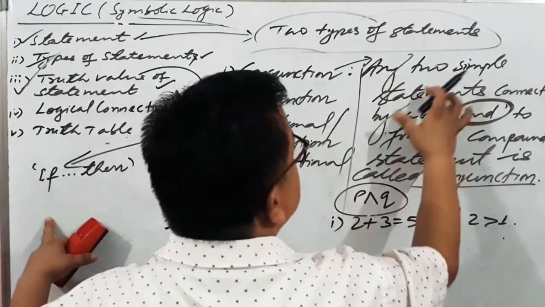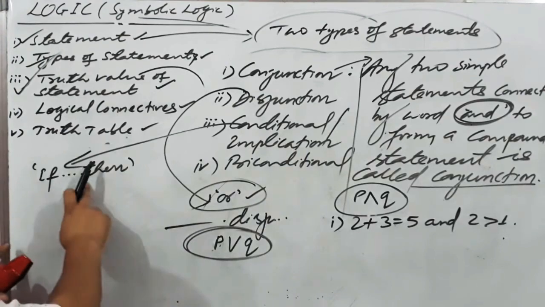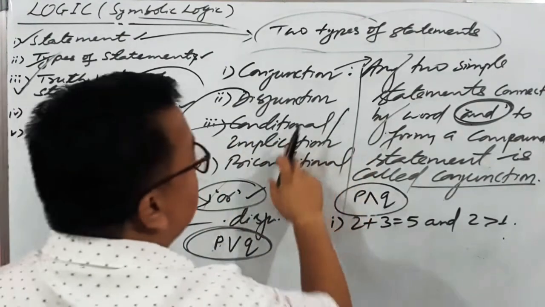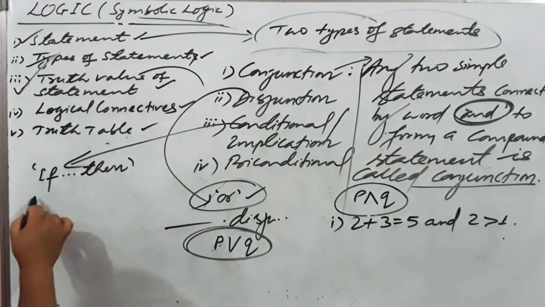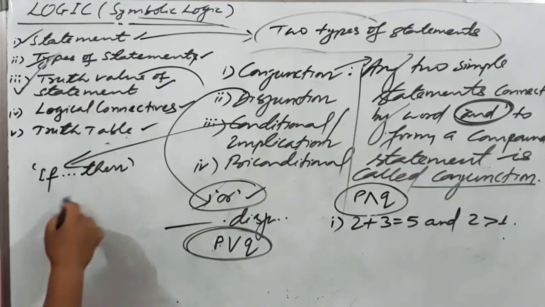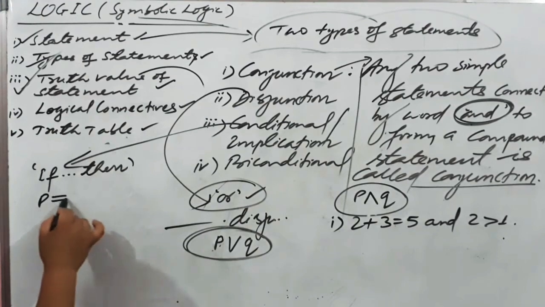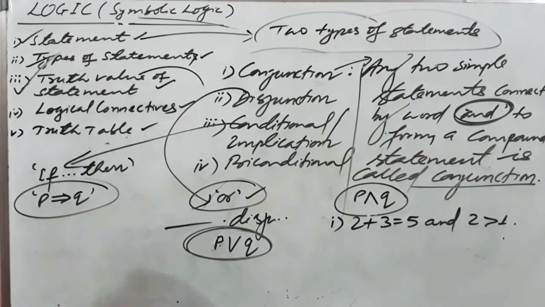Any two simple statements connected by the words if then to form a compound statement is called conditional or implication. Symbolically we can symbolize the conditional of two simple statements as P implies Q. P and Q are the simple statements. Here P is called the antecedent.